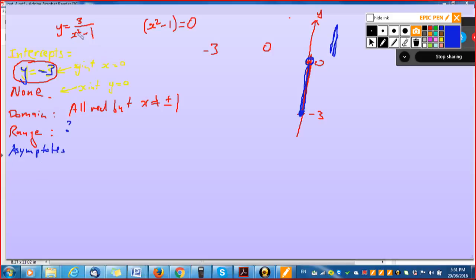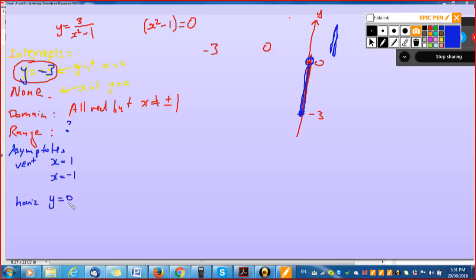Now, the vertical asymptotes are when X equals 1 or X equals minus 1. Yep. And then the horizontal asymptote is when Y equals 0.